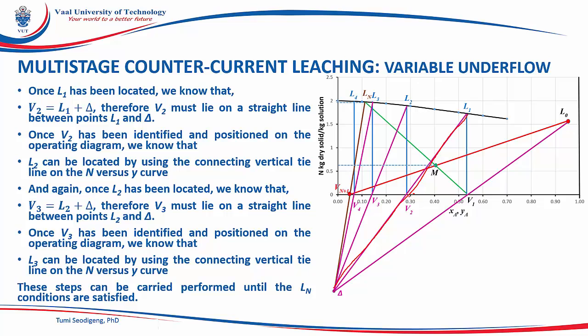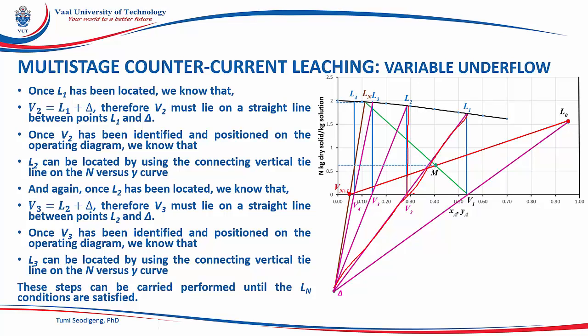So V2 can be positioned by finding where the line connecting L1 to delta crosses the x-axis. Once V2 has been identified and positioned on the operating diagram, we know that L2 can be located by using a connecting vertical tie line going up here.